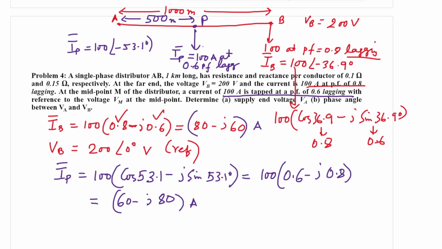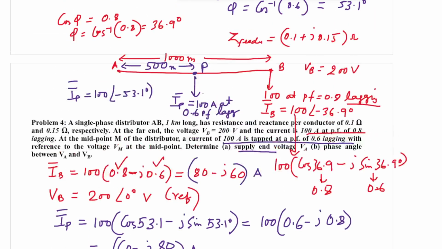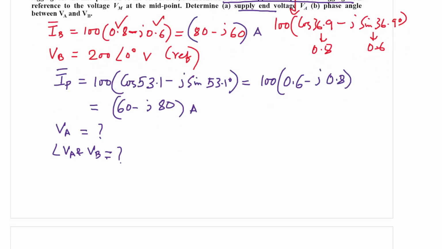Now you need to determine two things: the supply voltage. That means you need to determine VA, and the angle between VA and VB. These two you need to determine. Let me clearly mention here, what is the current IAP?